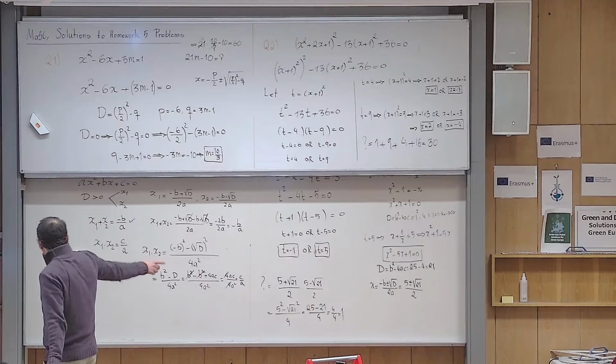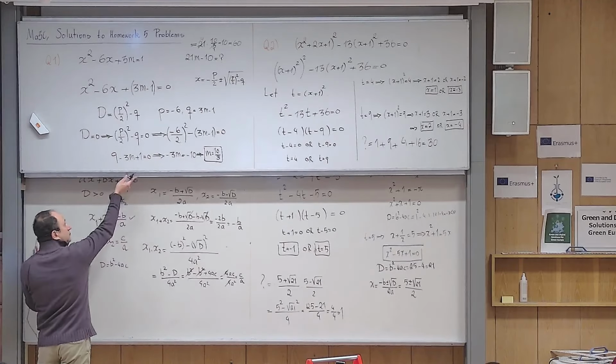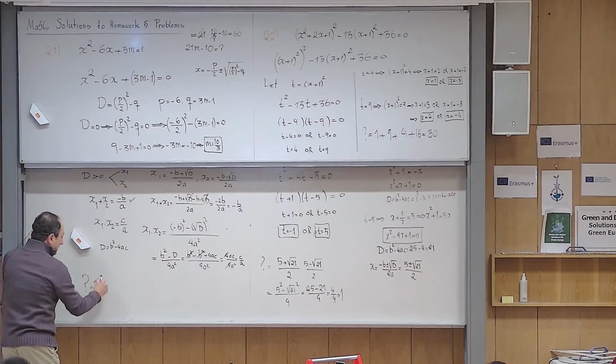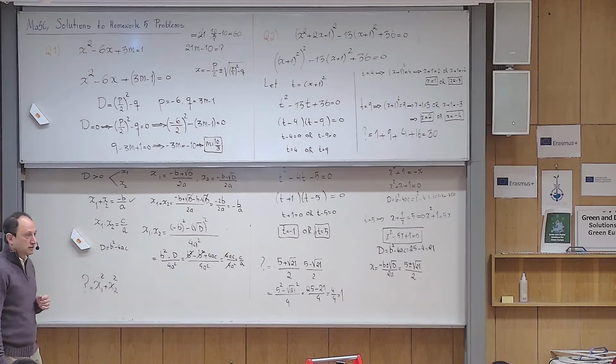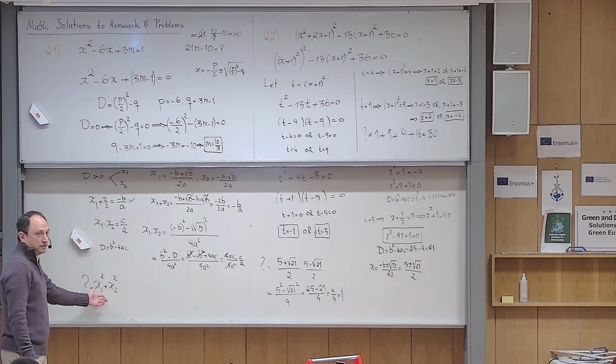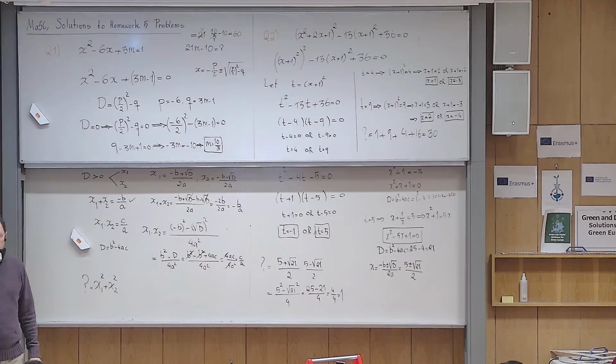Let us say that in that problem, instead of asking you about the product, I had asked you what is this sum. Can you see how I can use this information more effectively or efficiently to answer this?